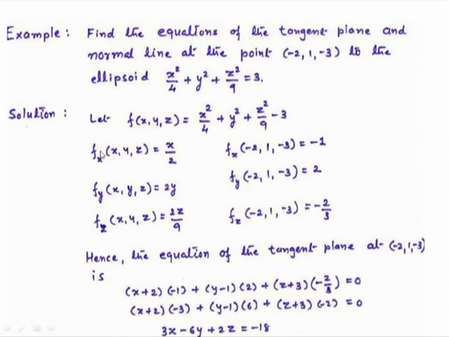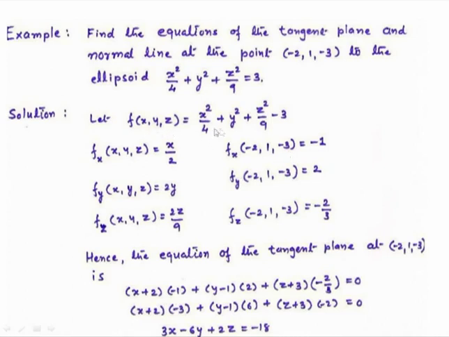Now we have to find the partial derivatives at this given point. So first we find the partial derivative of f with respect to x, with respect to y, and with respect to z. And after finding all the first order partial derivatives, we substitute x is equal to minus 2, y is equal to 1, and z is equal to minus 3.